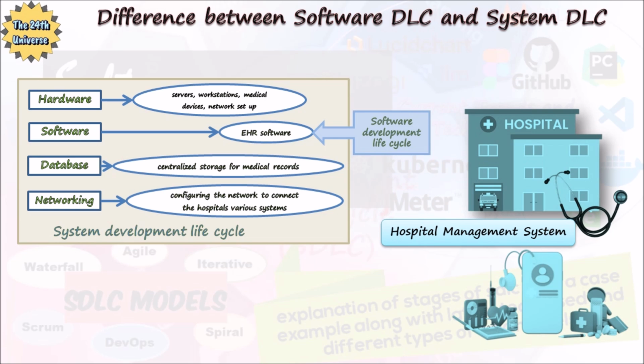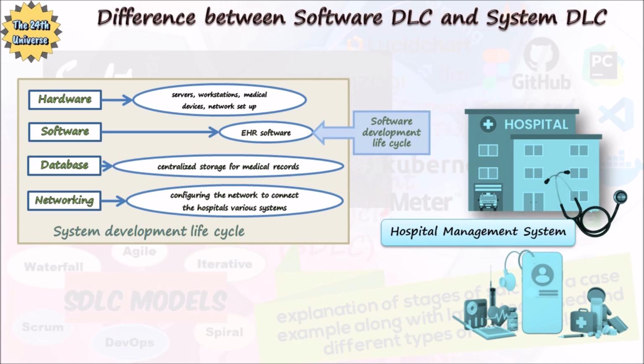For example, hospital management system consists of the following sub-processes: hardware, where servers, workstations, medical devices, network setup, etc. Software, which consists of electronic health record software for managing patient data.